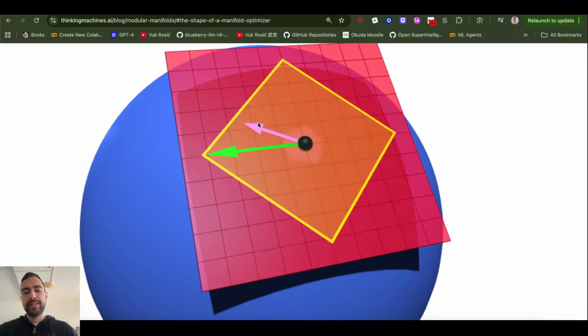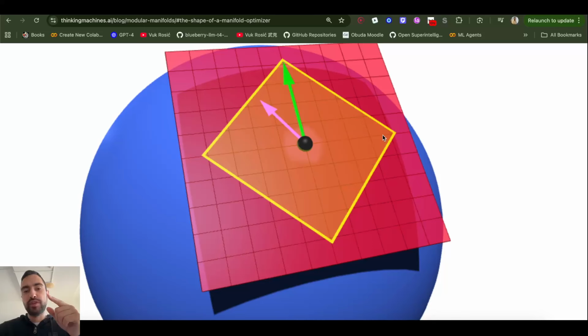The idea here is that this pink arrow is the gradient, the direction in which we should move to reduce the loss, to make our neural network better. And this doesn't have to be on this tangent space or plane. It can be anywhere, in any direction. And so we want to decide where we will actually move based on this gradient. We will move on this plane.